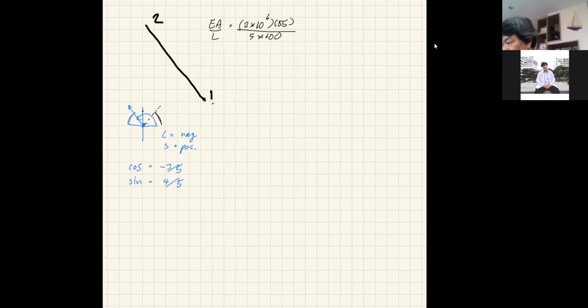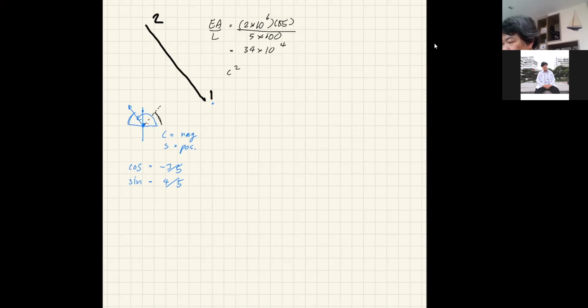We have the 3, 4, 5 triangle again, and it turns out to be the same as the first one because the member looks similar. It's 34 multiplied by 10 to the power of 4. Let me multiply this out.